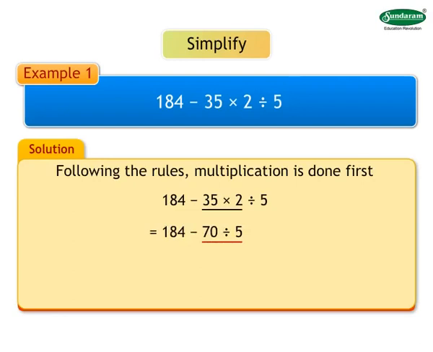Then we should carry out division. 70 divided by 5 equals 14. Therefore, 184 minus 14 equals 170.